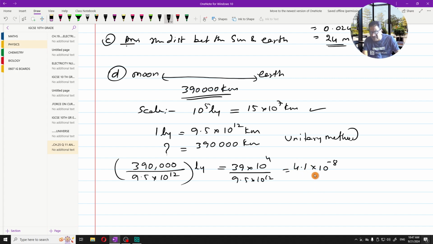It is 4.105, but I'll take only up to 2 SF. So 4.1 into 10 raised to minus 8 light years. Got it? Now this I am going to use in this scale.